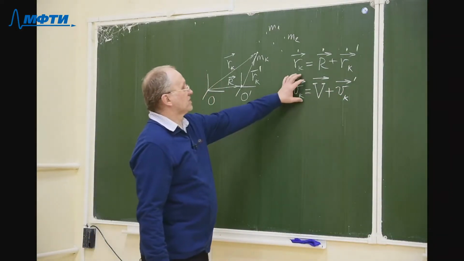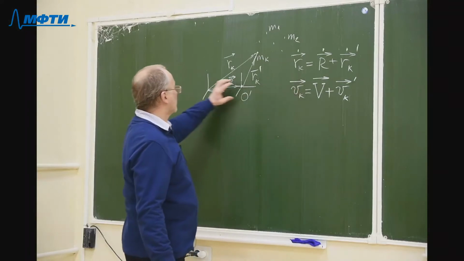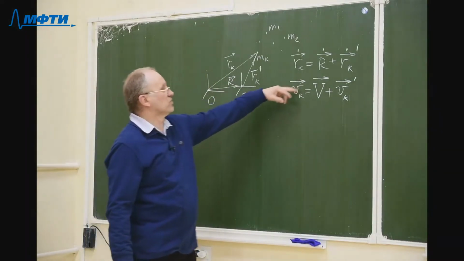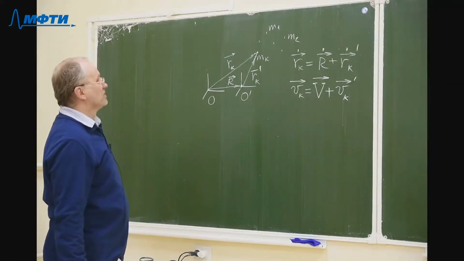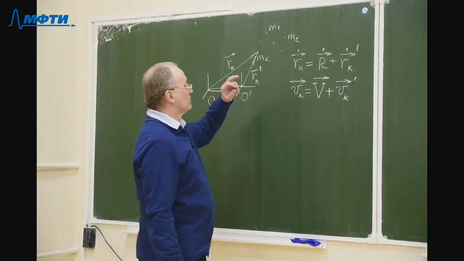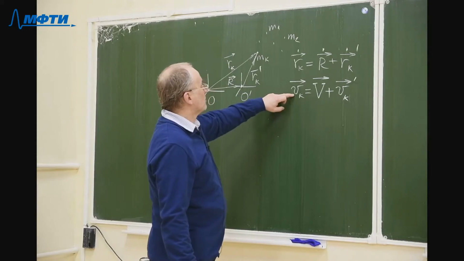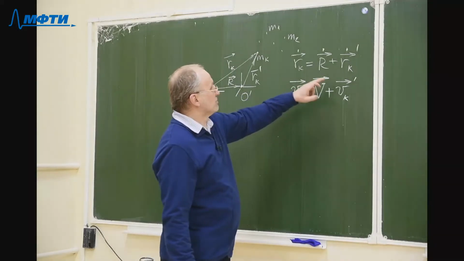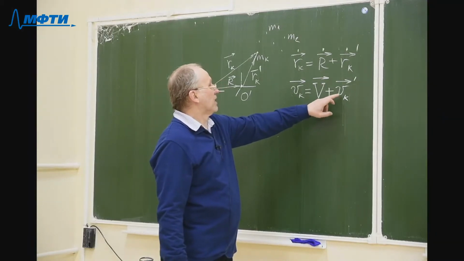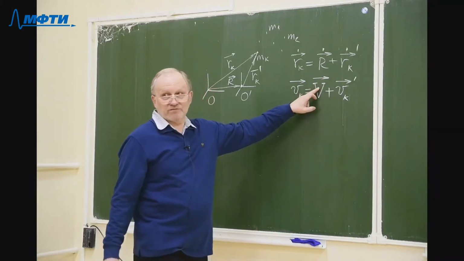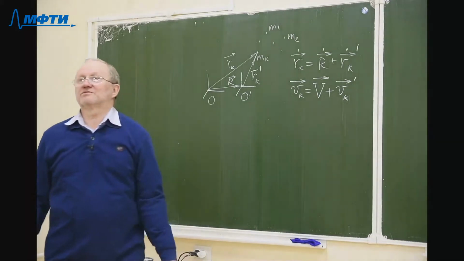And all the velocities measured with respect to the first reference frame will have no additional primes. So that's the relationship between the velocities. The velocity of a particle in the first reference frame is related to the velocity of the same particle in the second reference frame, and the velocity of the second reference frame with respect to the first reference frame.